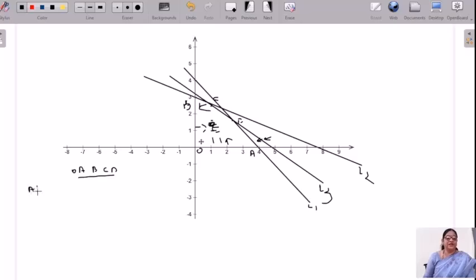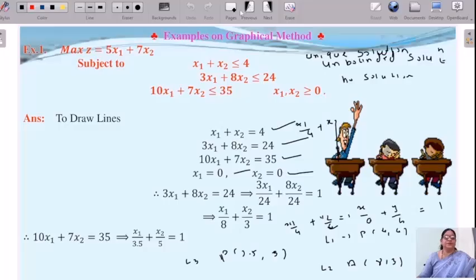You know that the coordinates of O are 0, 0. Our objective function is maximize Z equal to 5x1 plus 7x2.